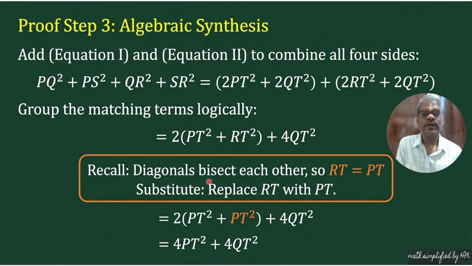2 times PT square plus RT square plus 4 QT square. Recall, diagonals bisect each other, so RT is equal to PT. Replace RT with PT. We get 2 times in bracket PT square plus PT square bracket complete plus 4 QT square. This gives us 4 PT square plus 4 QT square.